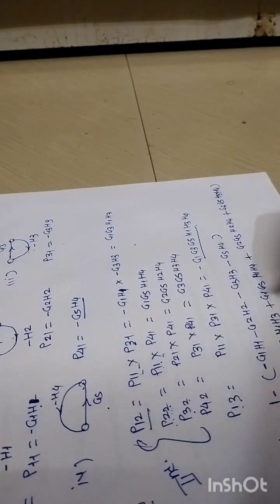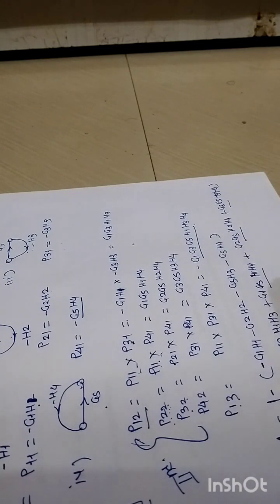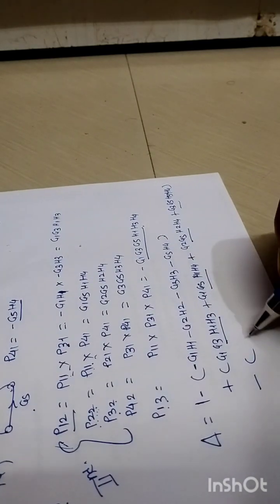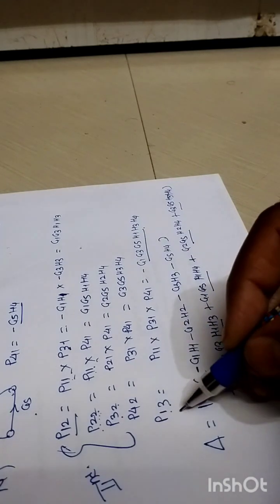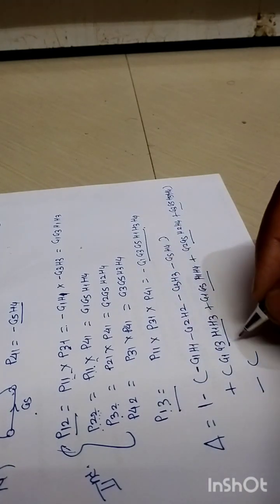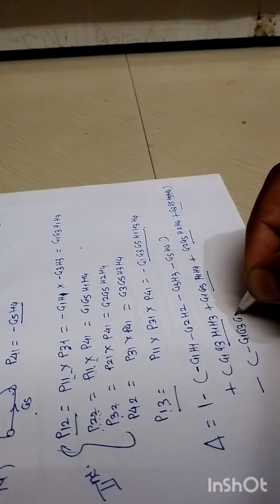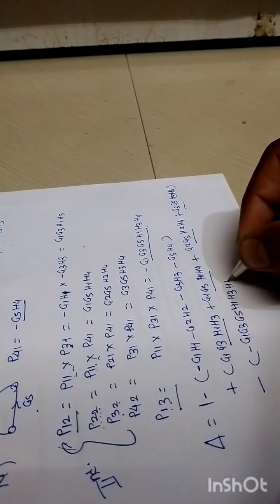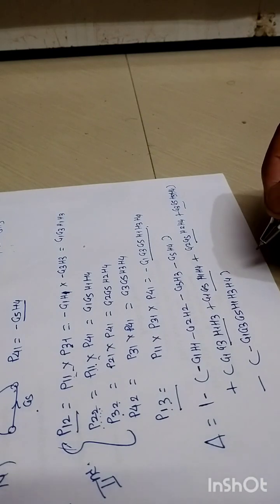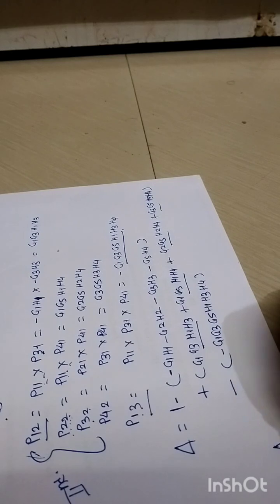The gain of first two non-touching loops, second two, third, and fourth two non-touching loops, minus in that third parenthesis we need to write the sum of gain product of first three non-touching loops. So it is P13, already tabulated, so it will become minus of G1 G3 G5 H1 H3 H4, right?